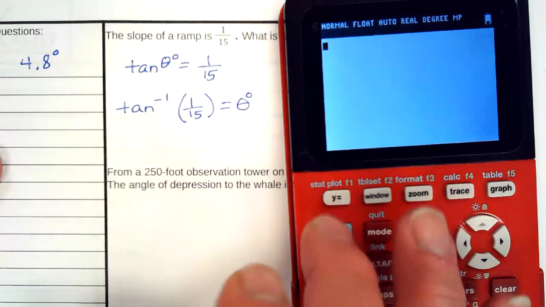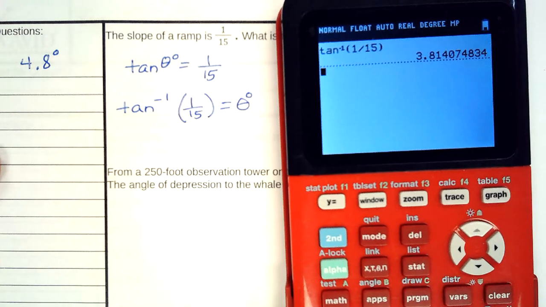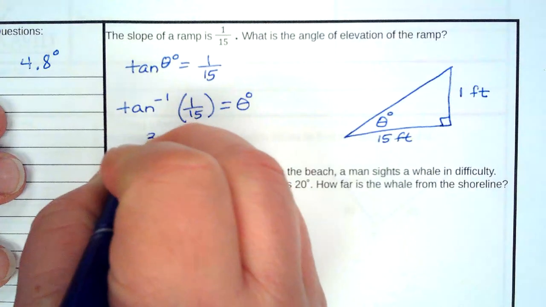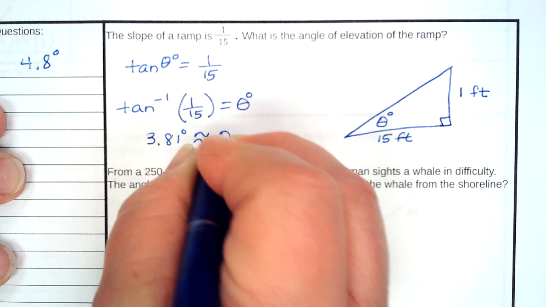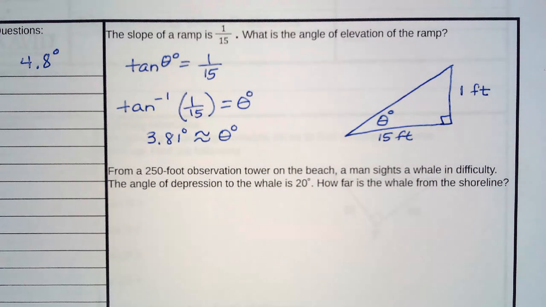So, second tangent, 1 divided by 15. And I end up with 3.81. And so this one would work for anyone that has a disability.